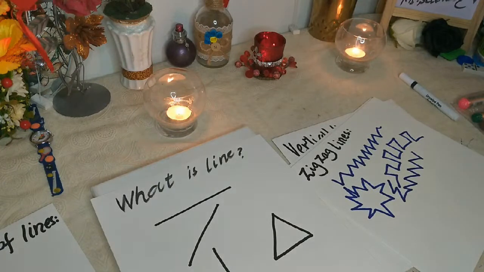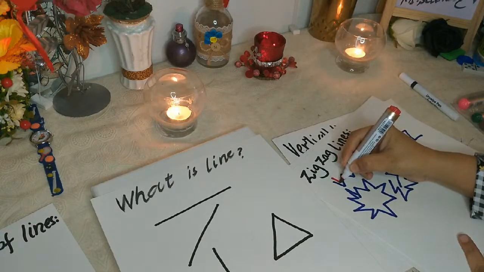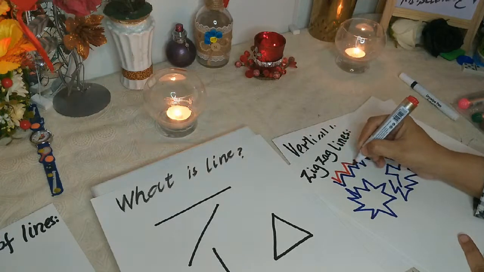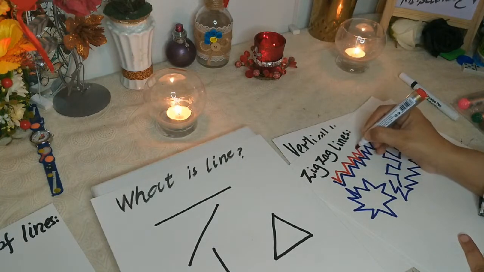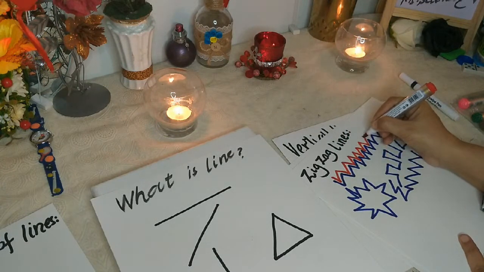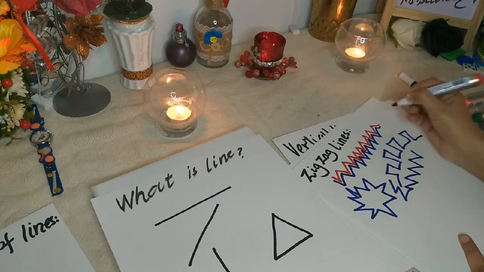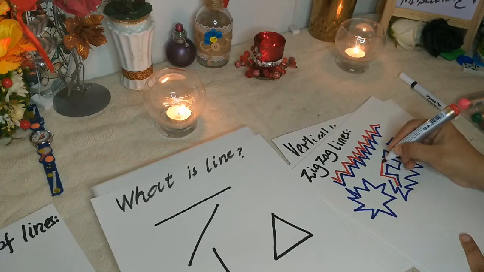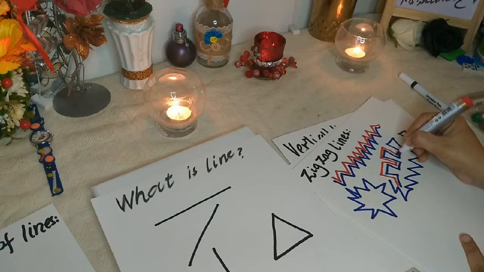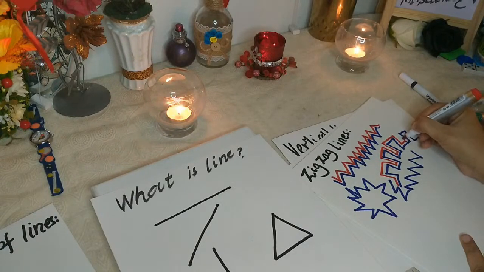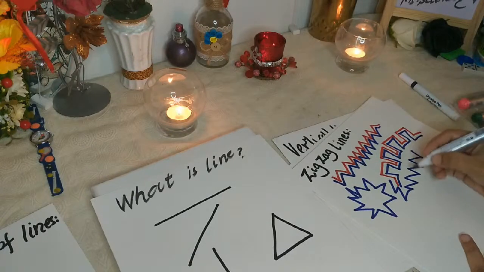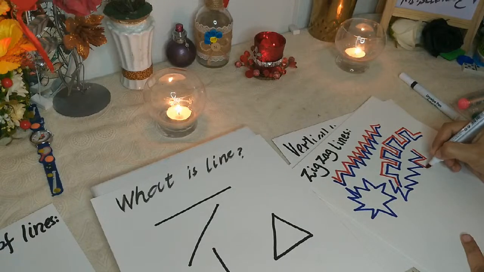Or it can be in repetition. If we draw in the same direction, in the same place, with the same movement, we are going to call that the repetition of the lines or repetition of the pattern.